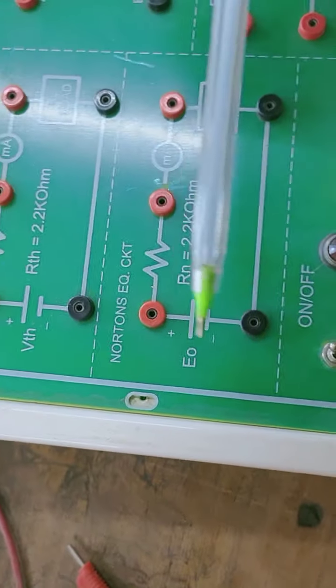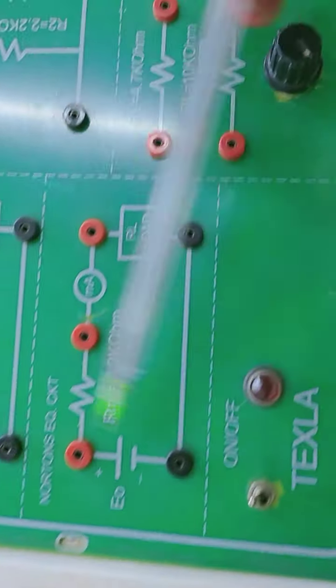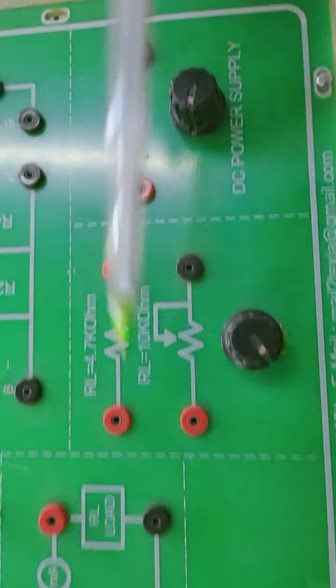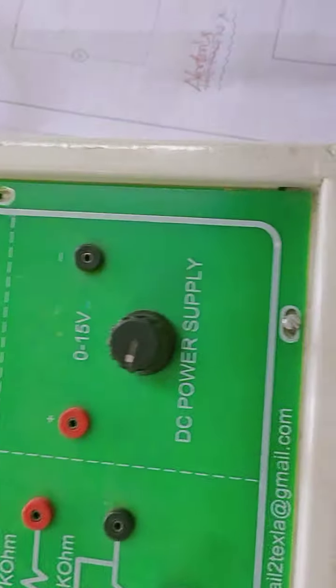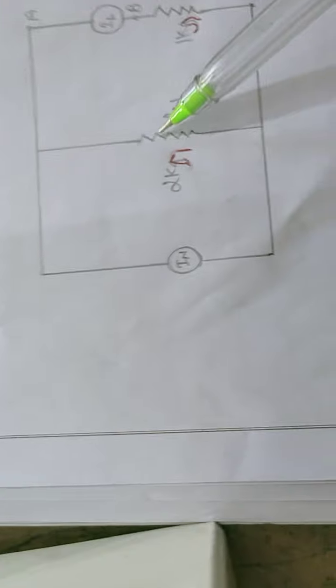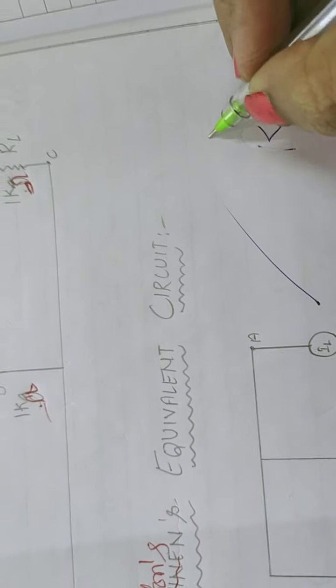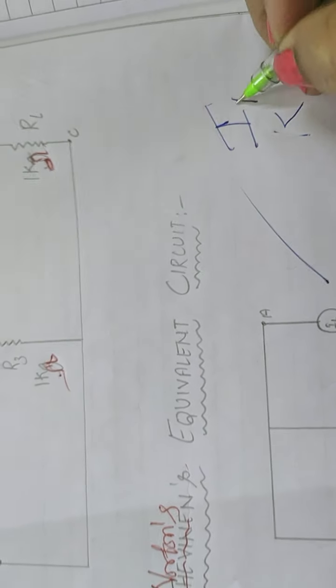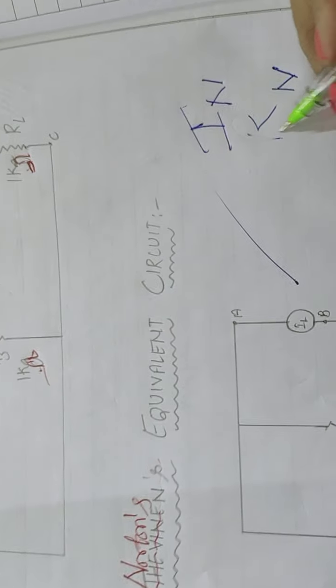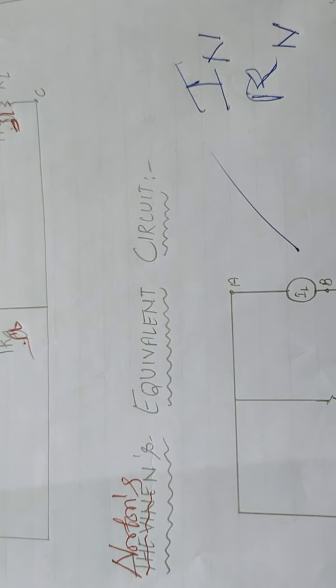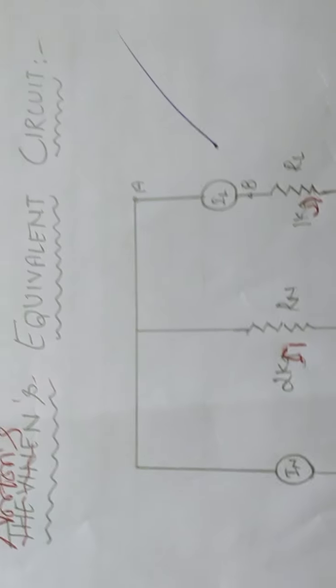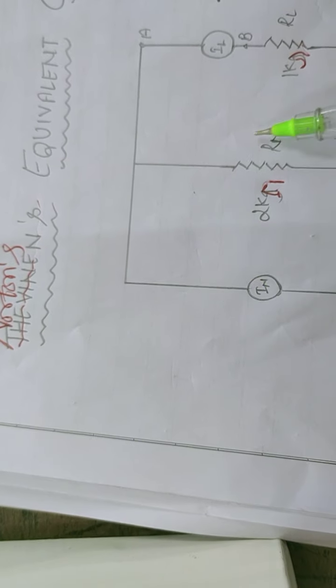Single current source and all the resistors can be connected to a single resistance which is called Rn. The single current source is In and Rn will be connected in parallel with In.